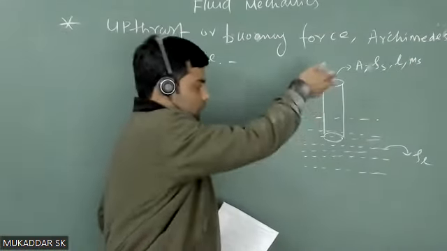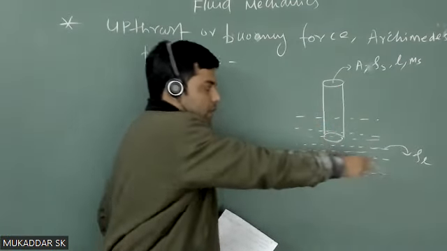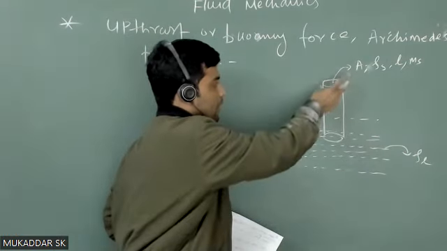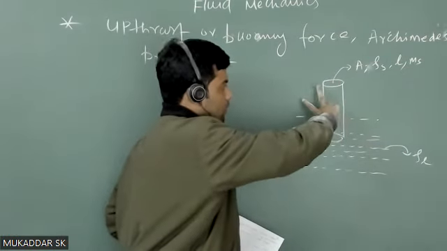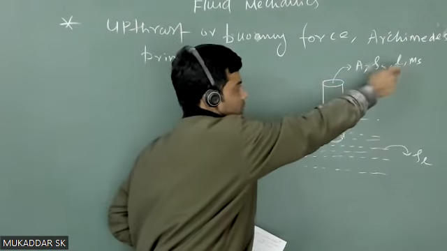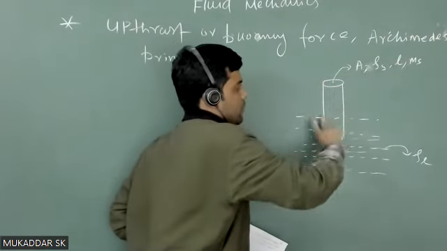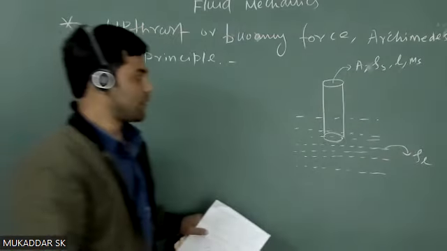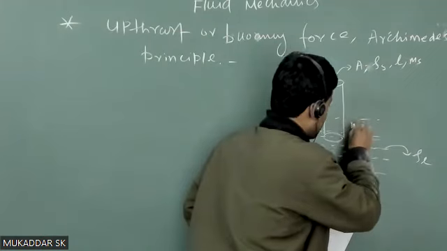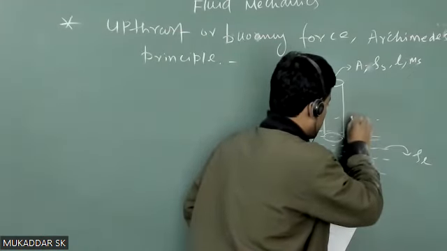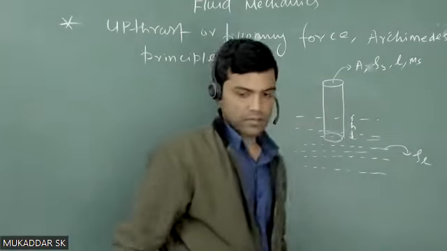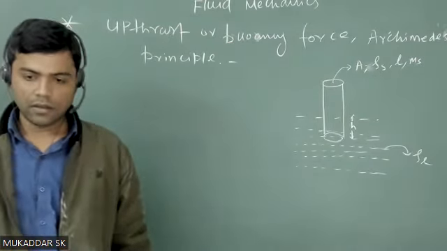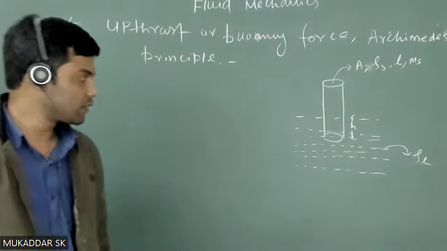So you have a liquid having density rho L. Inside the liquid, you have a solid having cylindrical shape. Total length of this cylinder is L, mass is ms, density is rho S, and area of cross section is A. Let us assume that h length of this solid cylinder is submerged inside this liquid.